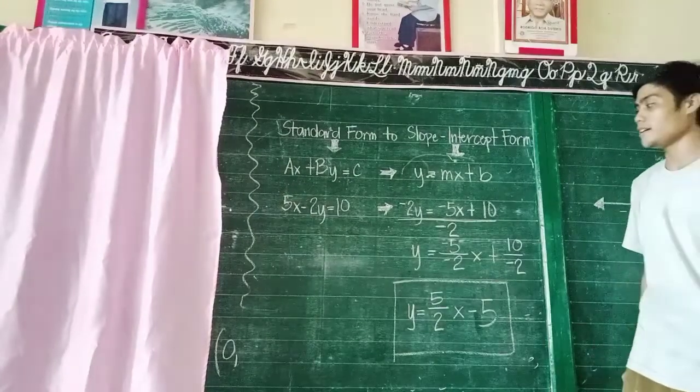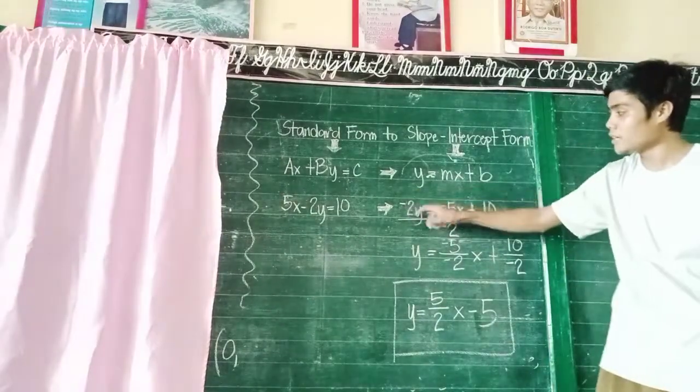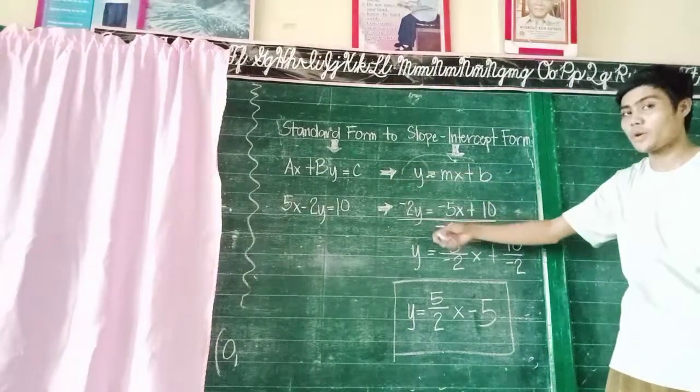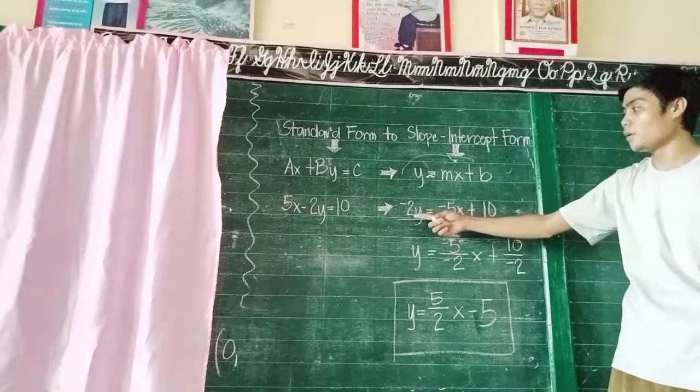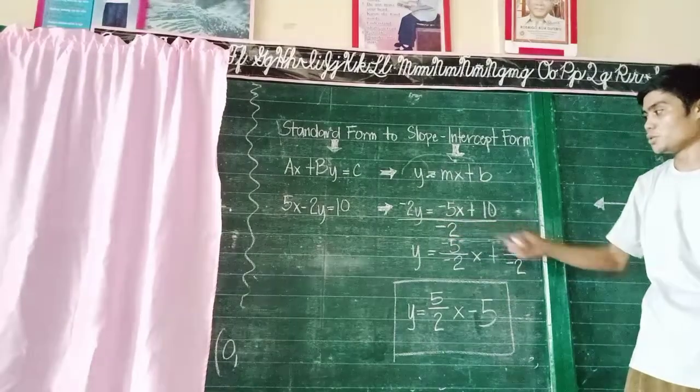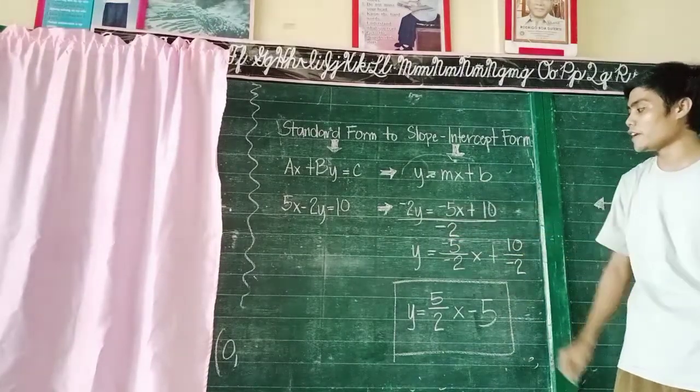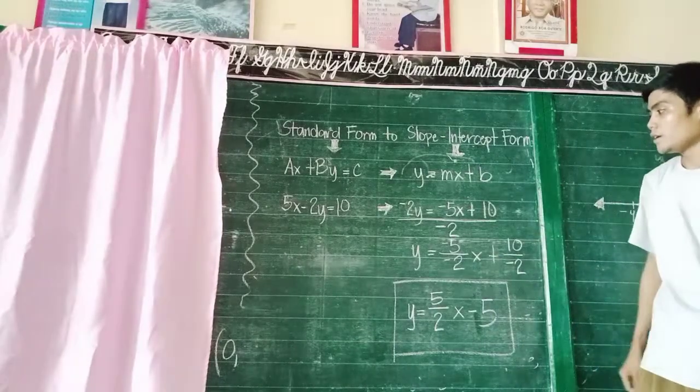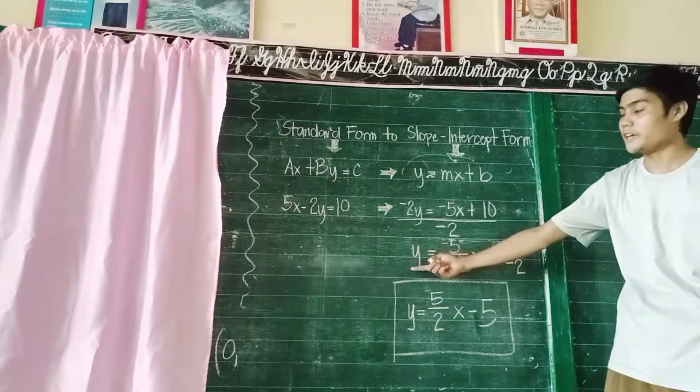And to eliminate the negative 2, we would just divide the whole expression by negative 2. So negative 2y divided by negative 2 is y.